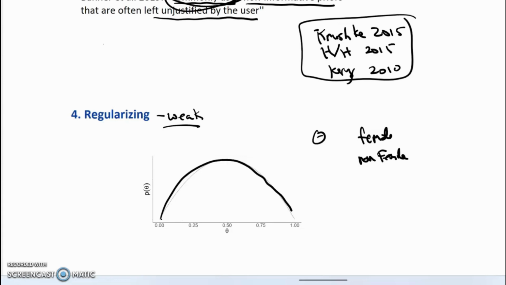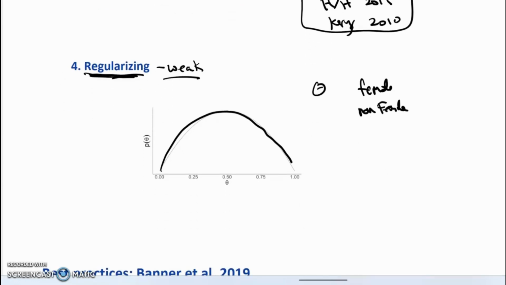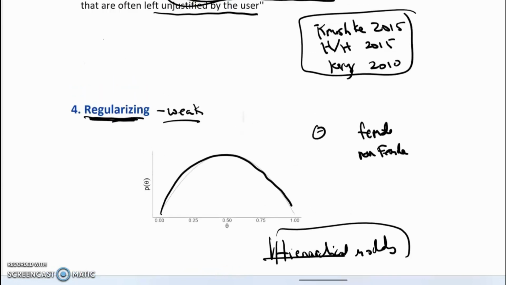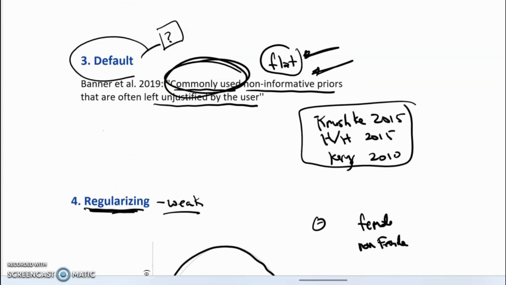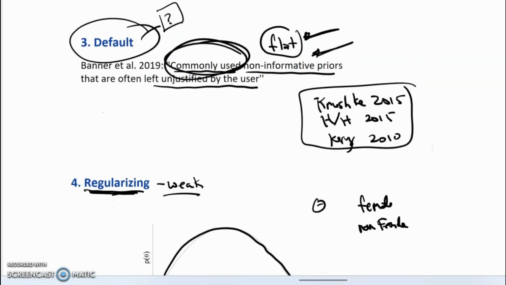So what's this notion about regularizing? The whole idea about regularizing is that in hierarchical models, oftentimes we're going to ignore the advice not to just default to the default.